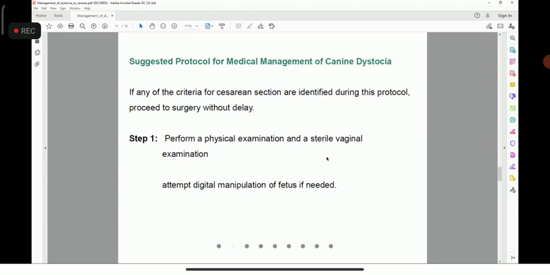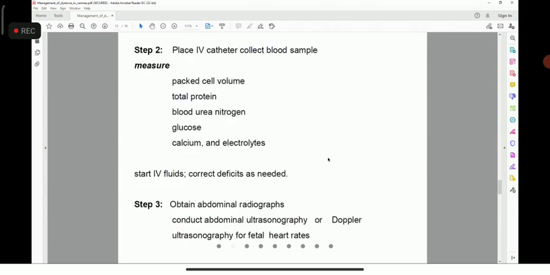Now you can go for abdominal radiograph, you can go for ultrasonography. Ultrasonography will tell you whether the fetuses are alive or not. By heart rate, you can ascertain that yes, viability is there.